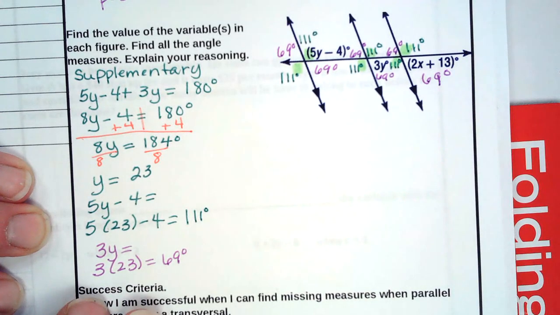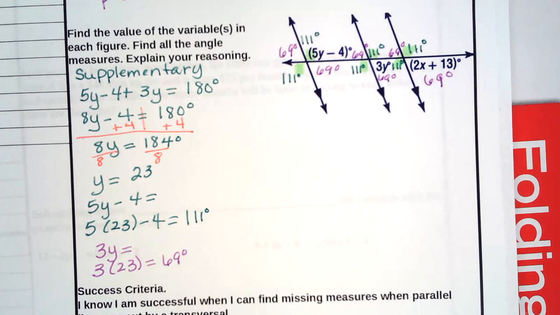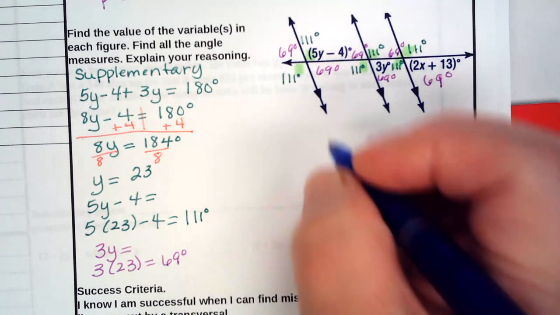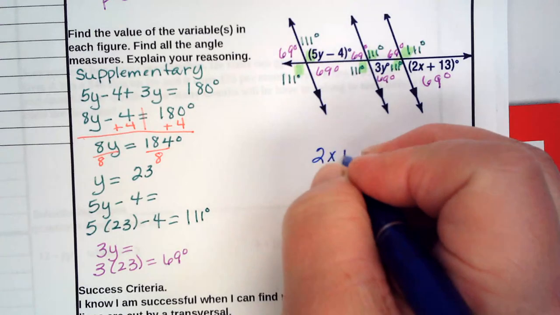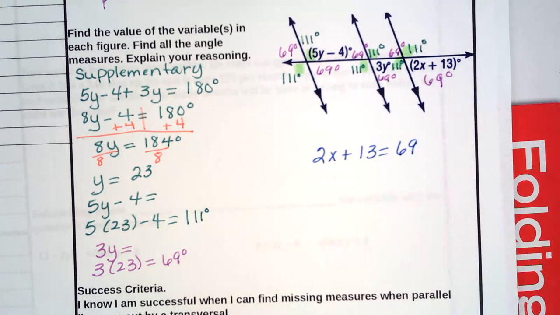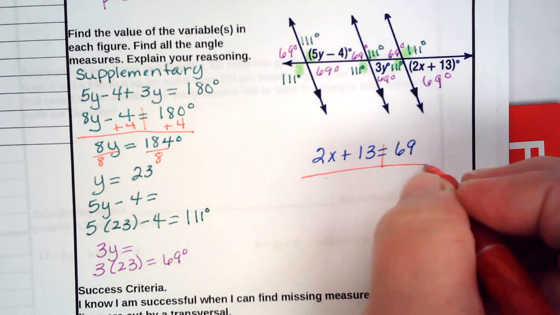Okay, now I can find x fairly easy because I know that 2x plus 13 is equal to 69. Now it's a matter of a two-step equation.